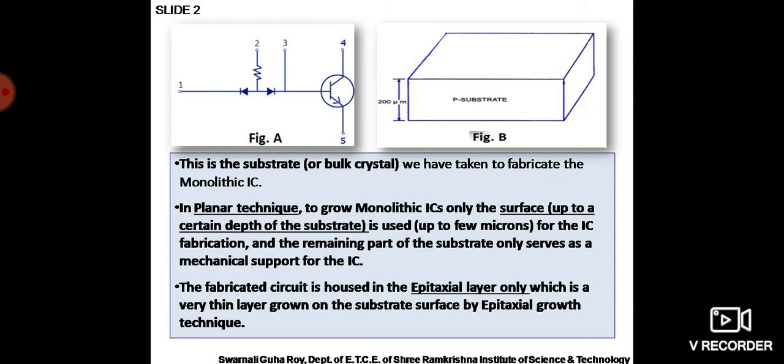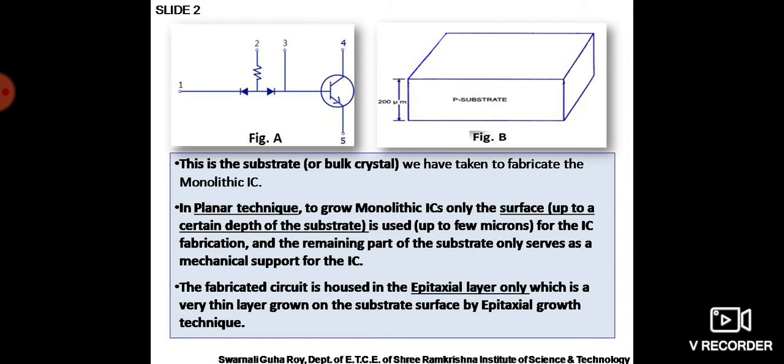Here you can see the substrate in figure B. We have taken a p-type silicon substrate as the starting material. The thickness of the substrate is 200 micrometer or micron.